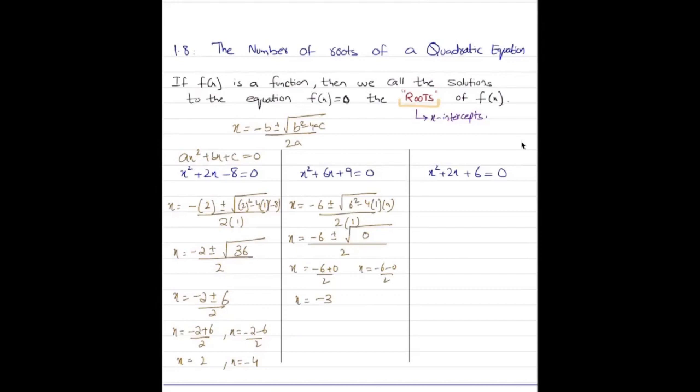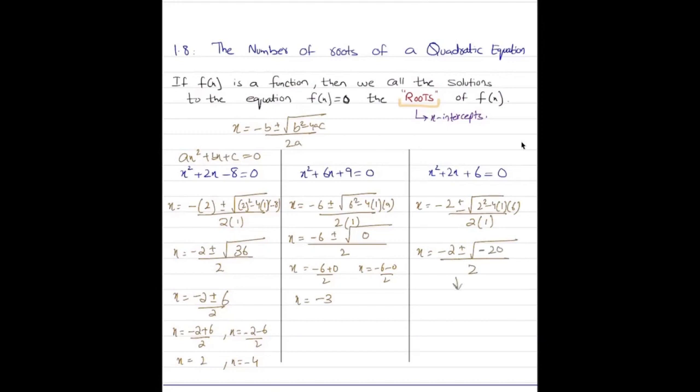Yes. Now, if I solve this third equation using the quadratic formula, it's going to be minus 2 plus minus square root of b squared minus 4 times a times c divided by 2a. Can this equation be further solved?